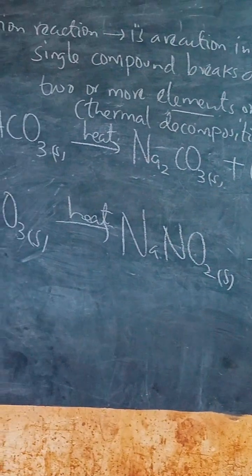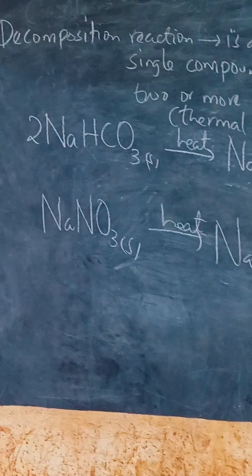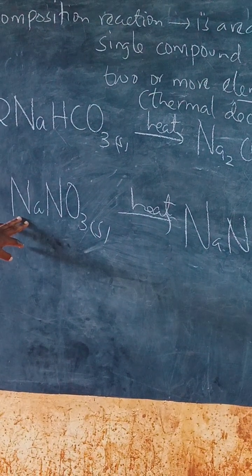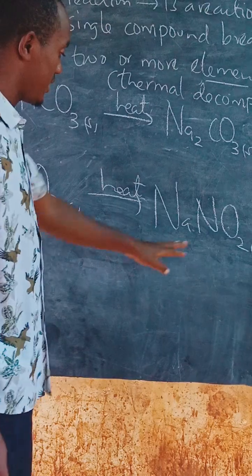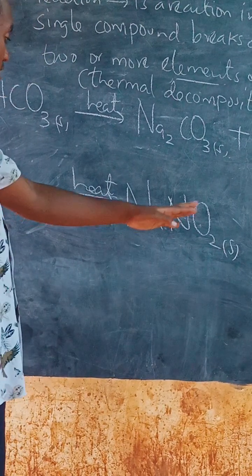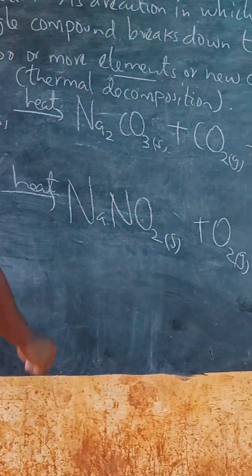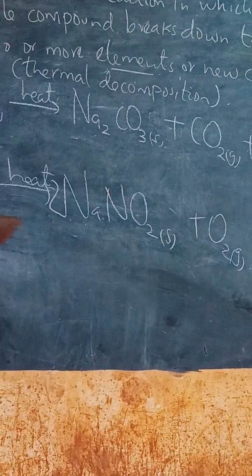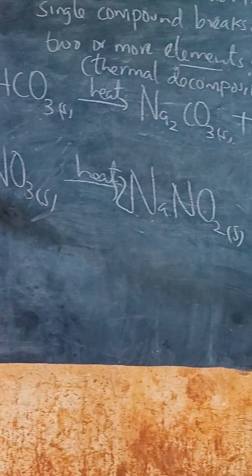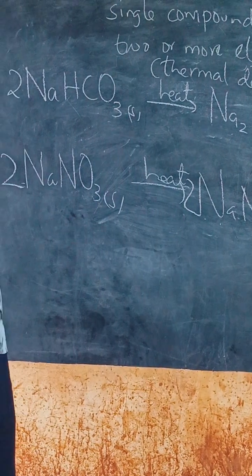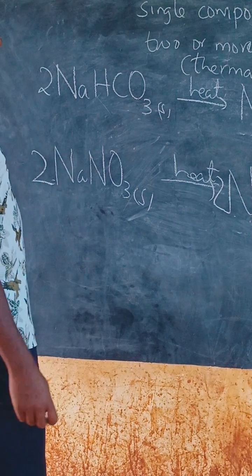Balancing the equation here: sodium is 1, nitrogen 1, oxygen is 4. So I put a 2 here so that oxygen becomes 4, 5, 6. I put a 2 here so that the oxygen becomes 6. So the equation is balanced.